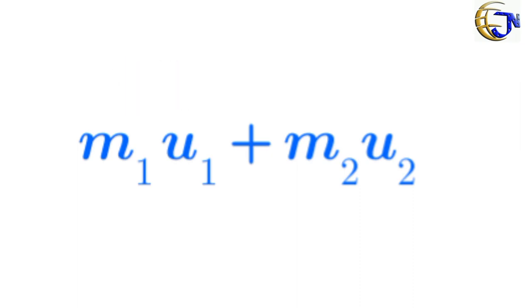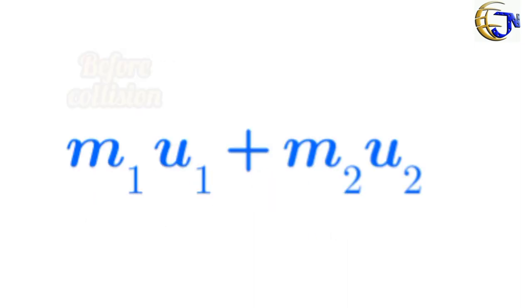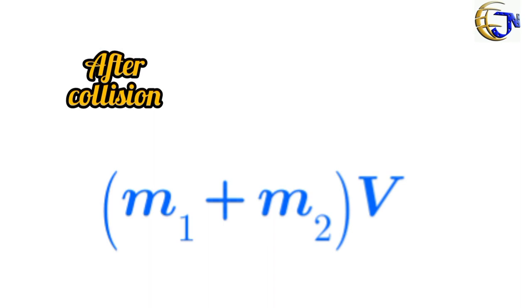After collision, if they have a common velocity v, we are going to see the momentum before collision. You can see the momentum before collision is m1u1 plus m2u2.